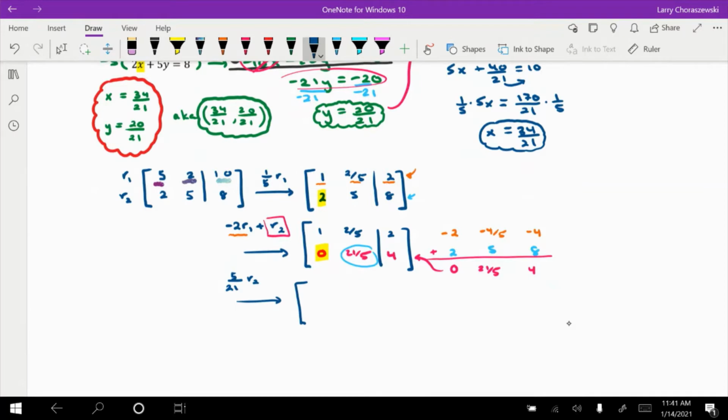So we're going to multiply all the entries of our most recent row 2 by 5/21. That should give you 0, 1, and 20/21. Row 1 will remain the same from the most recent matrix.